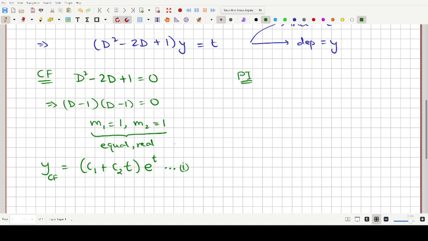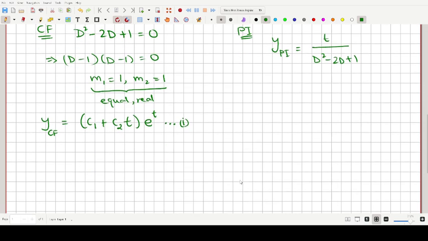Let's save it as equation 1, and for finding out the PI, we look at it as follows. So we shall write y PI as equal to t divided by (D square minus 2D plus 1). So this particular integral can be found out by using a division method.